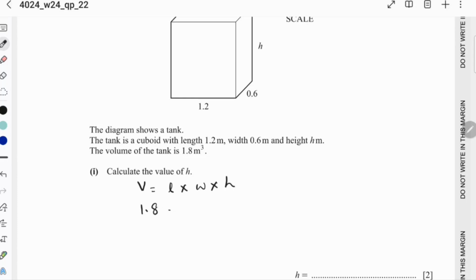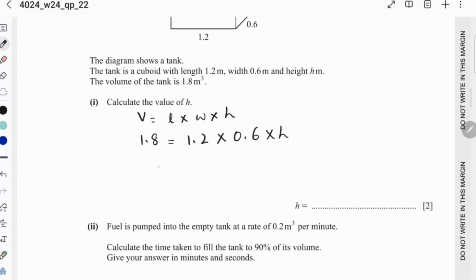It is given 1.8 is equal to 1.2 into 0.6 into h, and we have the height is equal to 1.8 divided by 1.2 into 0.6.